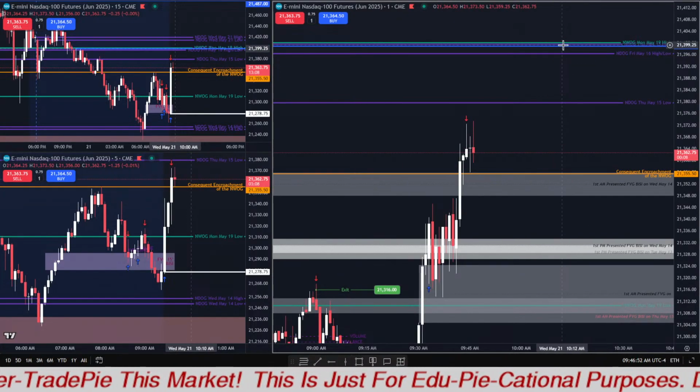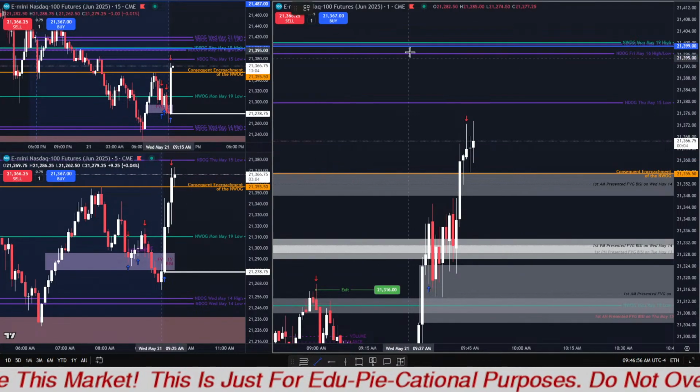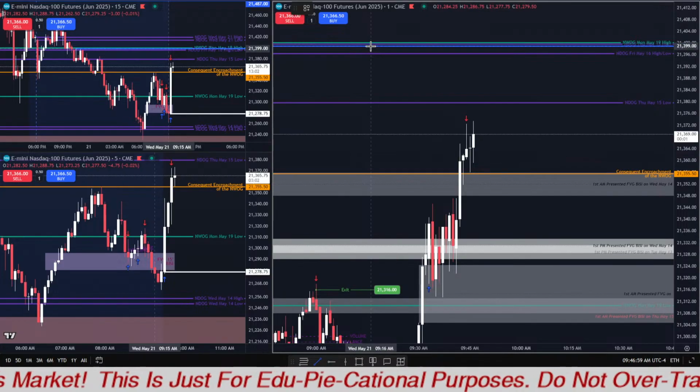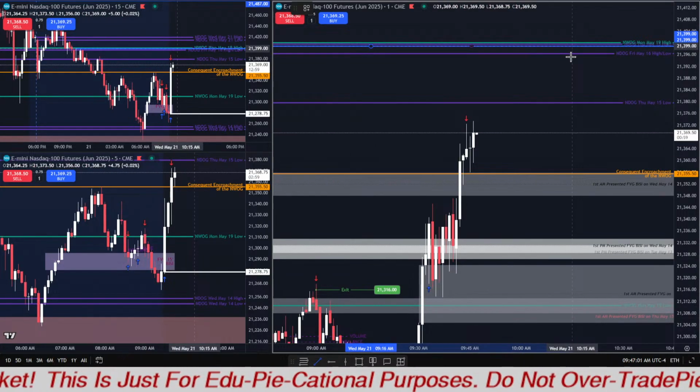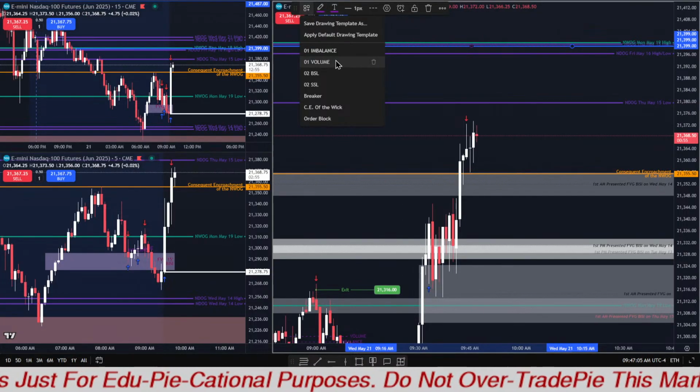The buy side liquidity of my interest is over here. Now we can also put this line here as the buy side liquidity.